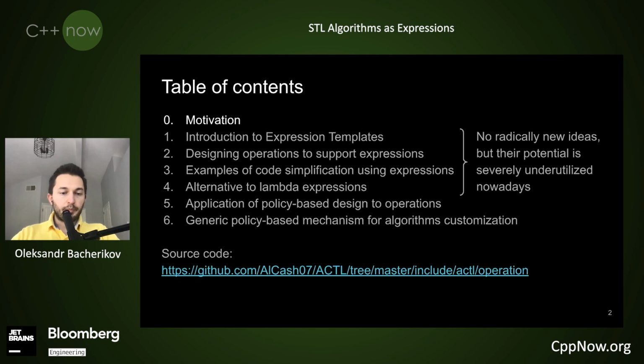The source code supporting this talk can be found on GitHub using this link. But I'll say right away that not everything is implemented there. In particular, ranges support is very limited now because I was focusing on implementing the core functionality first.